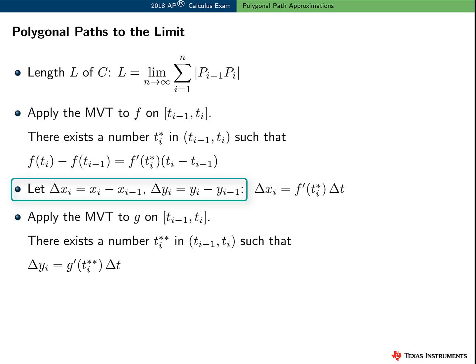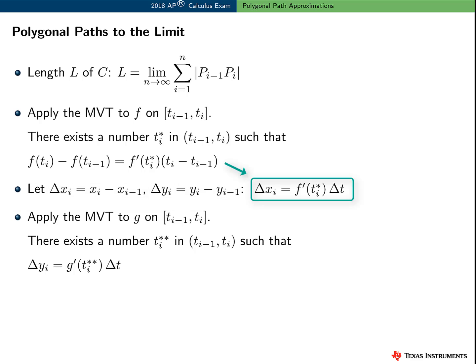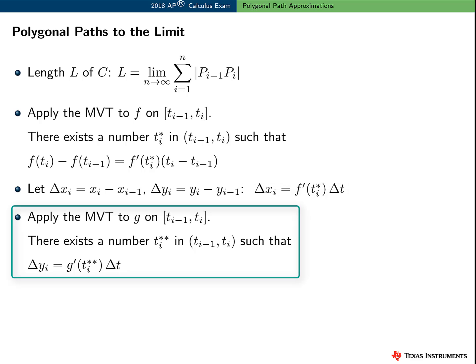Now let's define delta x sub i and delta y sub i. Then the result from the mean value theorem can be written in this form. Similarly, we can apply the mean value theorem to g on the same interval. And there exists another number, t sub i double star, such that this is true.